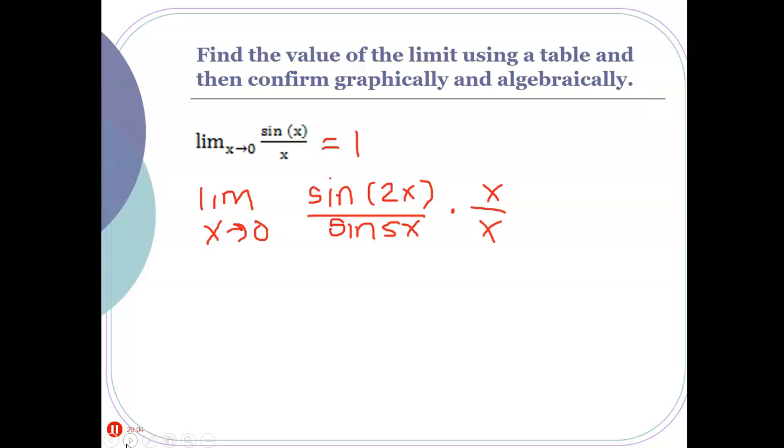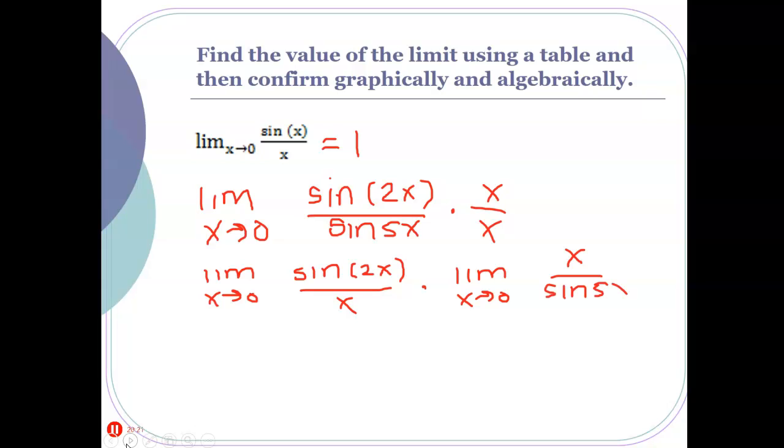Then we are going to split our limit using the limit properties we just had. So you have the limit as x approaches 0 of sine 2x over x times the limit as x approaches 0 of x over sine 5x. What number is inside here that I don't have? 2, right? So for the front limit, you're going to multiply by 2 over 2.